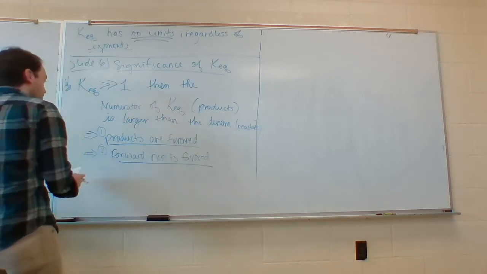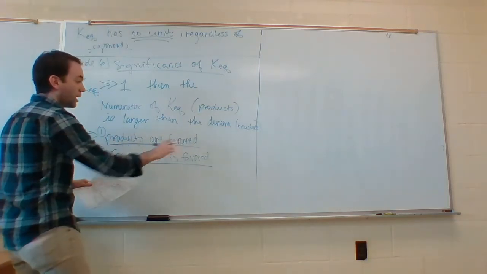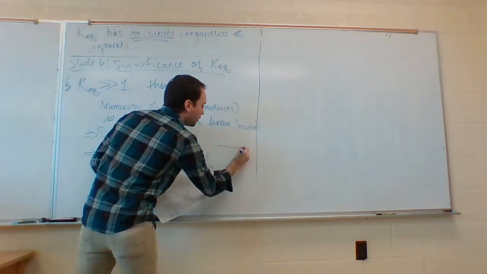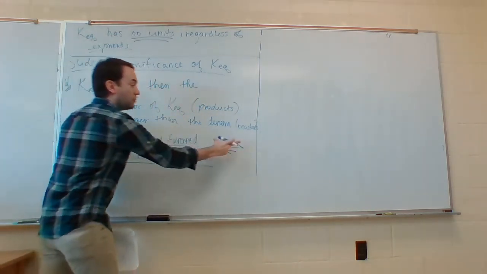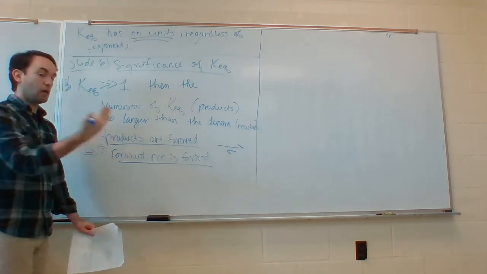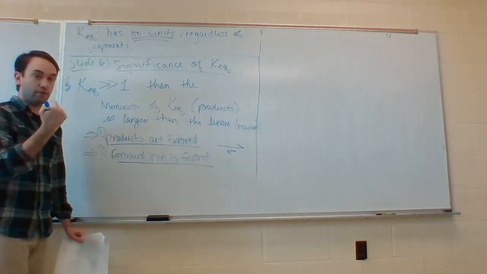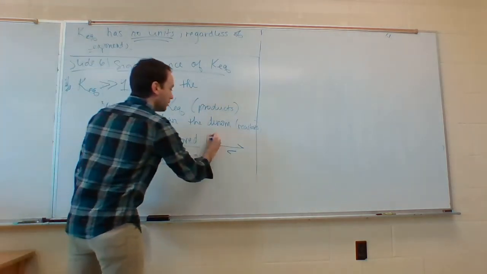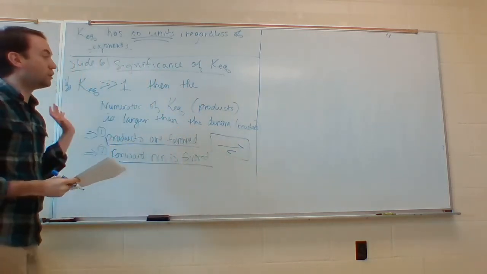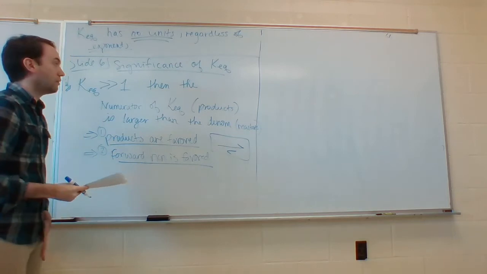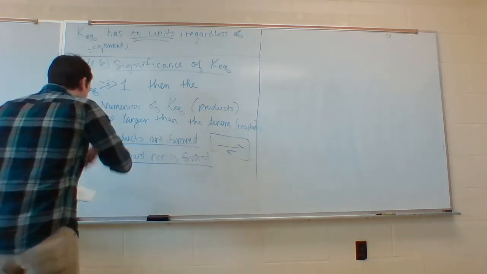So in that case, if the products are favored, our equilibrium arrow going forward is going to be bigger than our equilibrium arrow going for the reverse reaction. That would be the arrow that we use if KEQ is going forward.